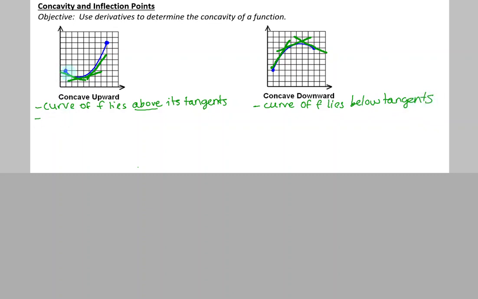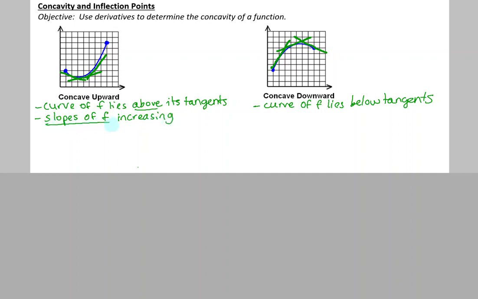Notice specifically the slopes of those tangent lines. At first, negative slope, then we move to the right, positive slope, and then a greater positive slope. These slopes of the function are increasing.